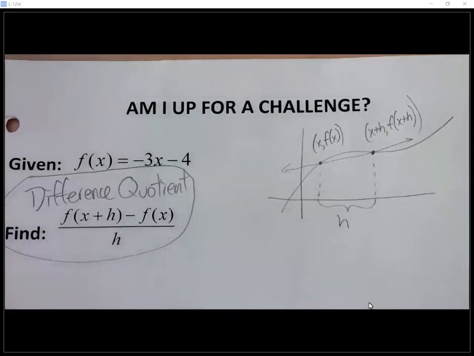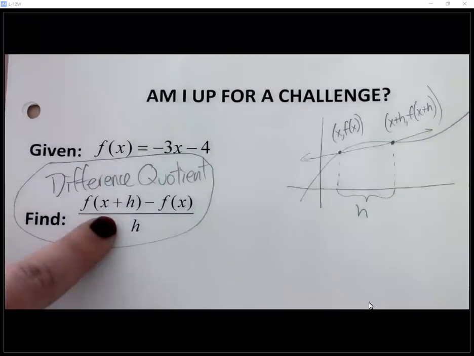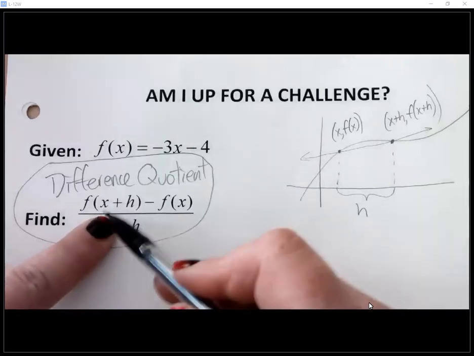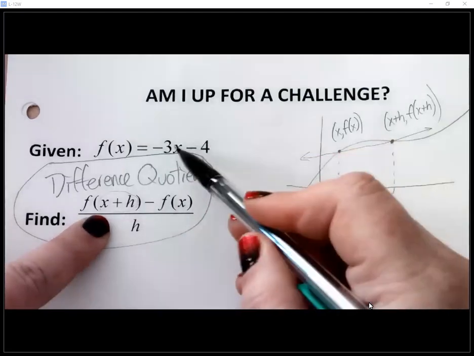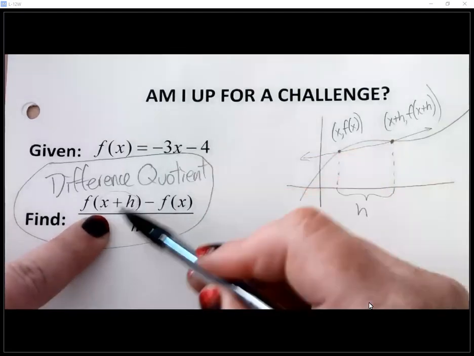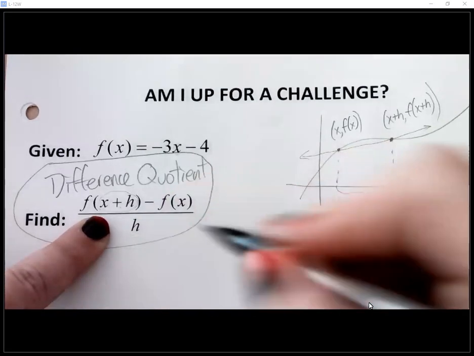So let's try it. So for this first one, I need to do f of x plus h. So remember what we do. Whatever is inside the parentheses, you're going to go to the function and you just replace x with whatever is in there. So for f of x plus h, I'm going to make a little list right here.